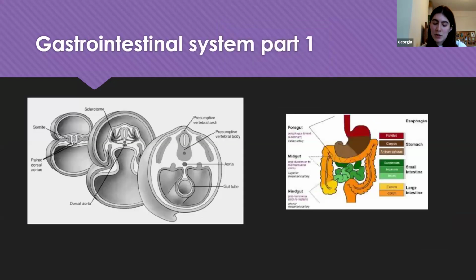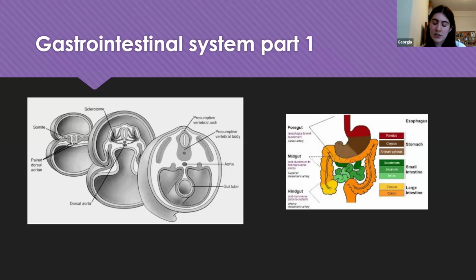So the next system I want to talk about is the gastrointestinal system. So as we mentioned, the endoderm is really important to this, and the formation of the endodermal gut tube was described when we talked all the way back in embryonic folding. So at this point, the gut tube is suspended by the body by a sheet of mesoderm, now we'll term the dorsal mesentery. At the level of the stomach and liver, there's also a ventral mesentery, which becomes the lesser omentum and the falciform ligament.